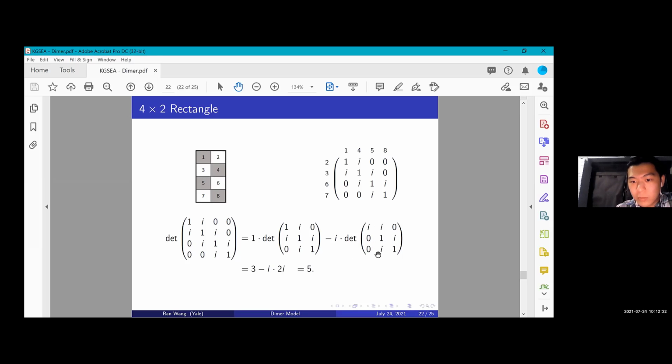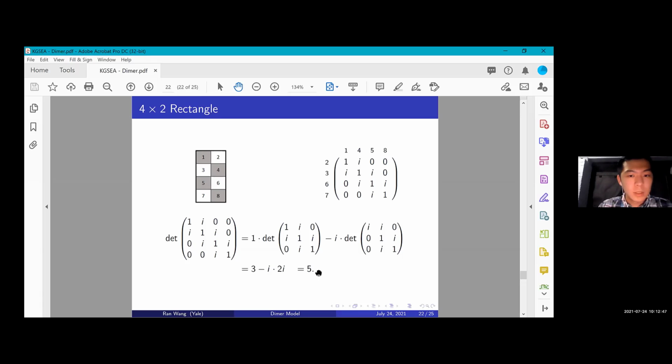But for this term we have a minus sign. So altogether this gives 2i. So altogether, 3 minus i times 2i gives minus 2i squared. i squared is minus 1 again, so we get 3 plus 2 equals 5.